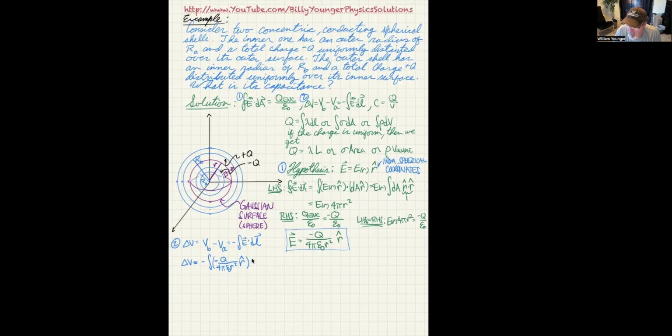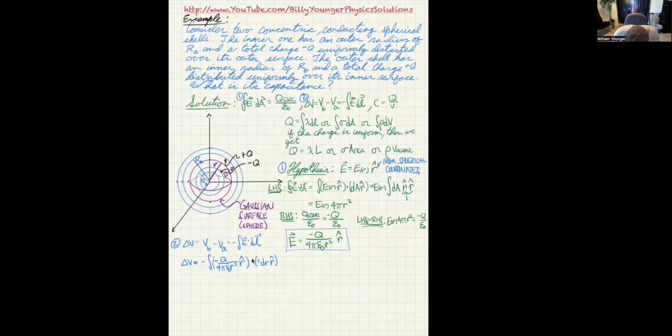The direction I'm going is from RA, which is the outer radius of the inner shell, and it's going to go to the inner radius of the outer shell, which is RB. So that is actually in the positive R hat direction. So I'm going to call dl positive dr R hat. So this indicates the direction.